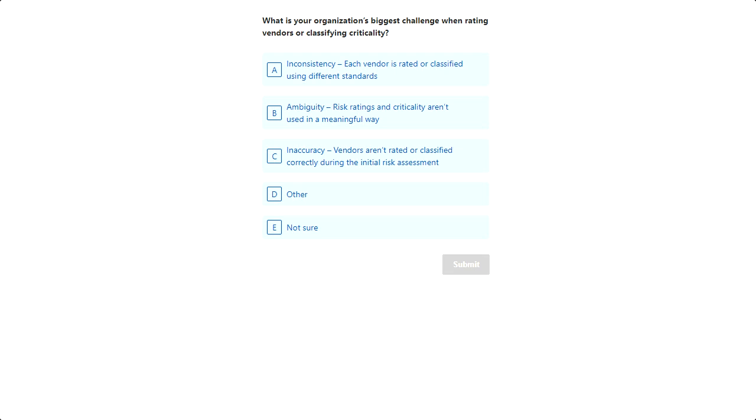I know that DORA, the EU regulation for operational resilience, has a definition for critical functions, and the interagency guidance references a separate publication for their definition. But in general, these regulations are still going to require some interpretation when it comes to how they're defining criticality. They're not going to give you that strict criteria that says a vendor is critical if it impacts your organization or customers in the following specific ways.